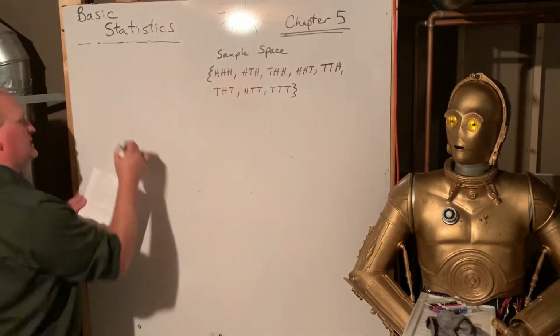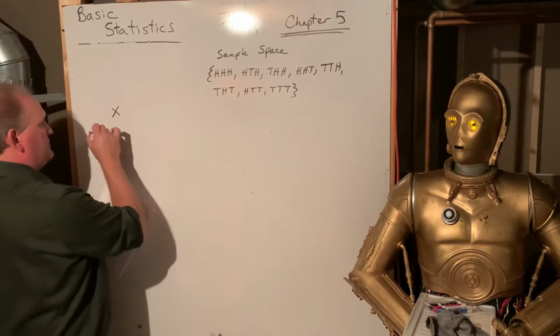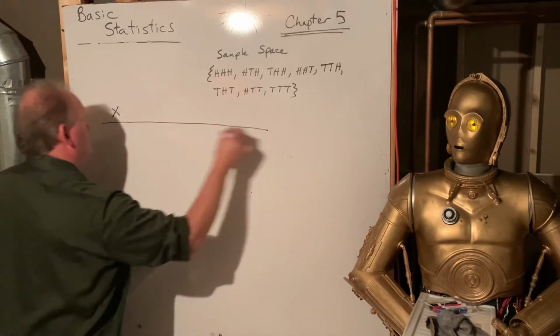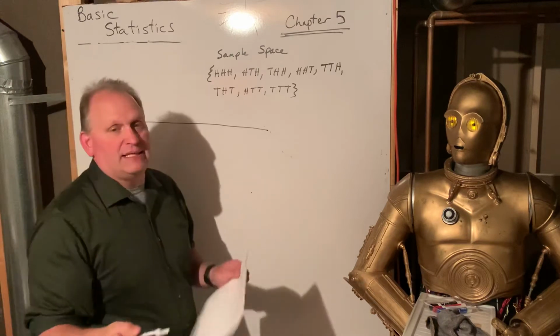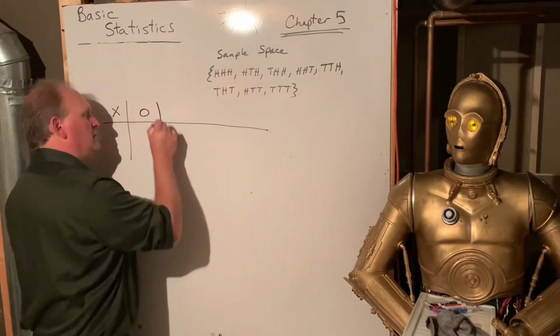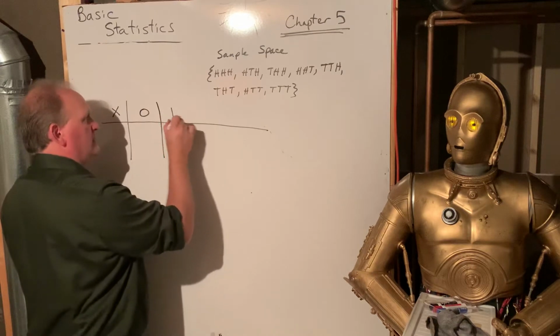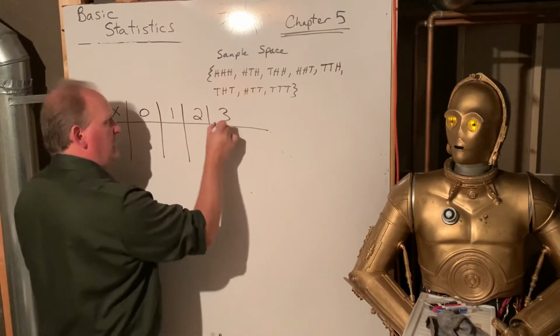And now let's do a discrete probability distribution. So x is the number of heads that could happen. So let's see, we could get no heads at all. That would be 0. 1 head when you flip it 3 times, 2 heads, or all 3 heads.